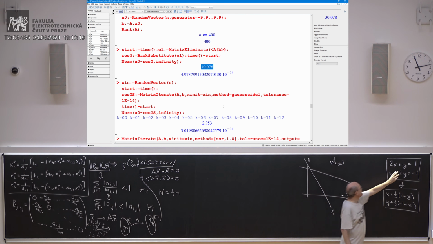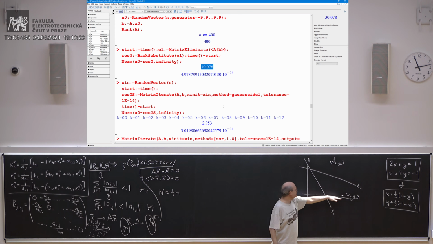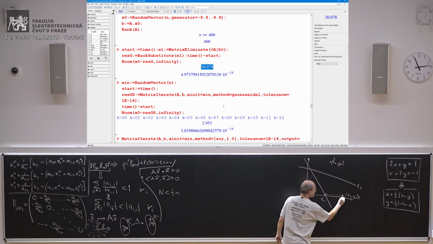So at this moment we use y as it is given, and because y is fixed, it means that we are moving in the horizontal direction. So we fixed y, which we see over here, and we determine new x based on this line, which means that the new x is over here. That's the new value of x, xk plus 1. And here we can see xk.